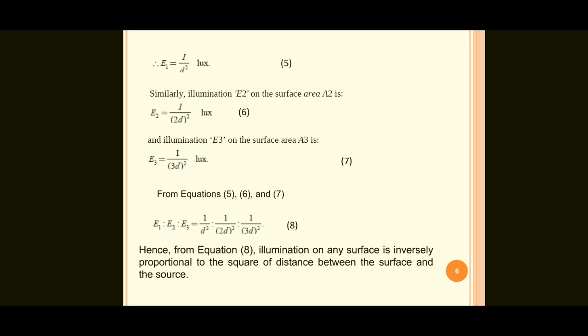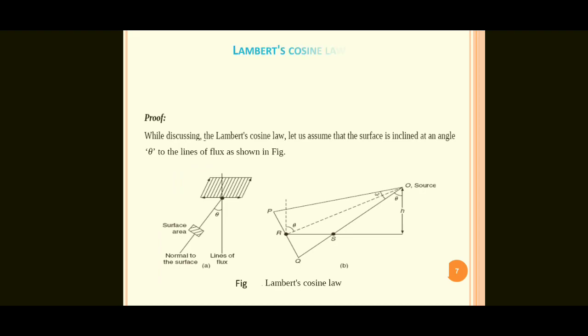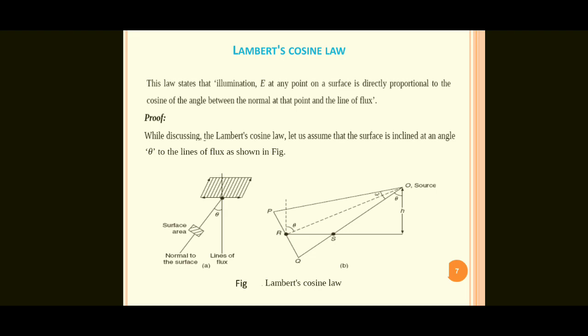The second law is Lambert's cosine law. This law states that the illumination E at any point on a surface is directly proportional to the cosine of the angle between the normal at that point and the line of flux.